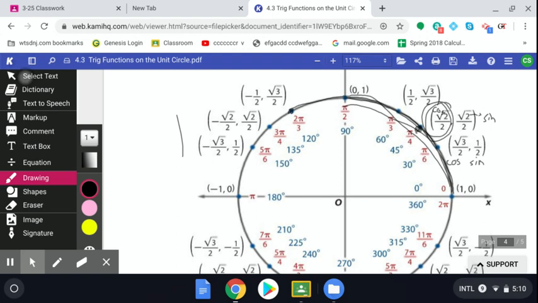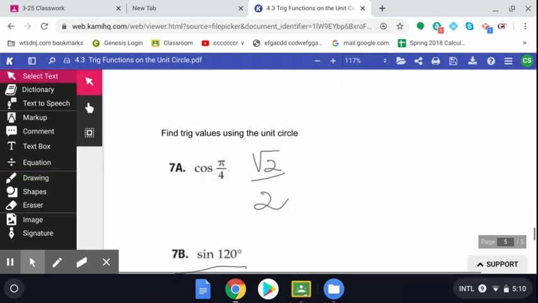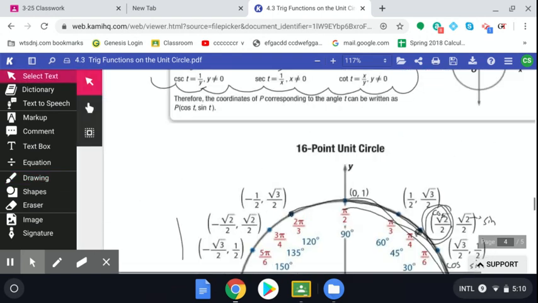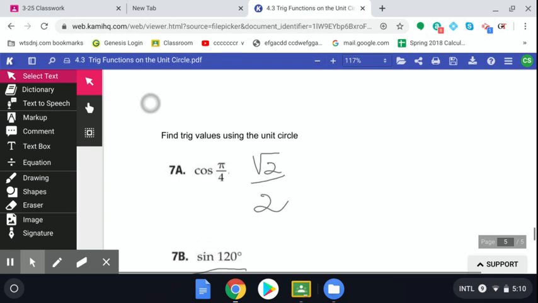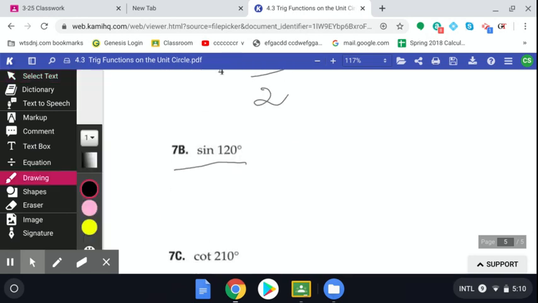Let's go back. Sine 120. So sine 120 should be the y coordinate, which is right here. Positive radical 3 over 2.